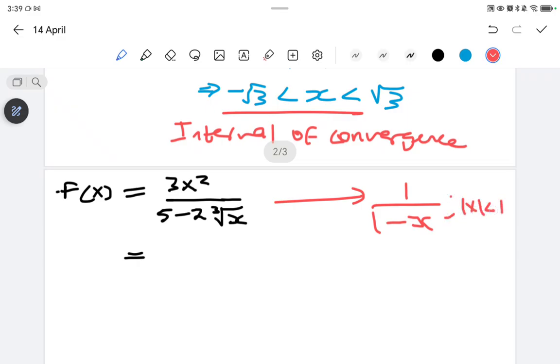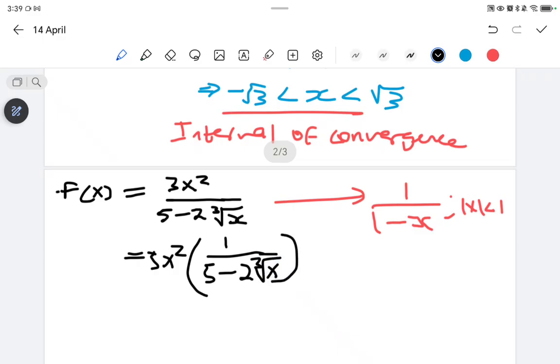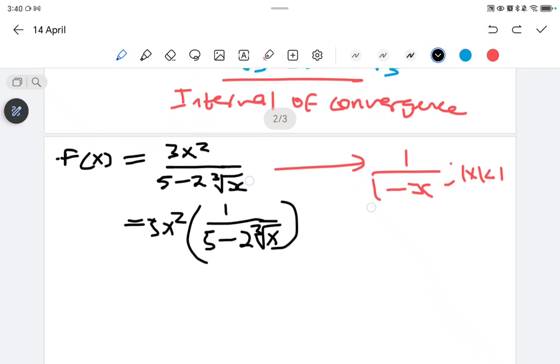We agree, right? That means that we must drop 3x squared. One over 5 minus 2 cubic root of x, because we need 1 here. You see, right? So we'll drop that, and we need 1 here, so we factor out that 5.